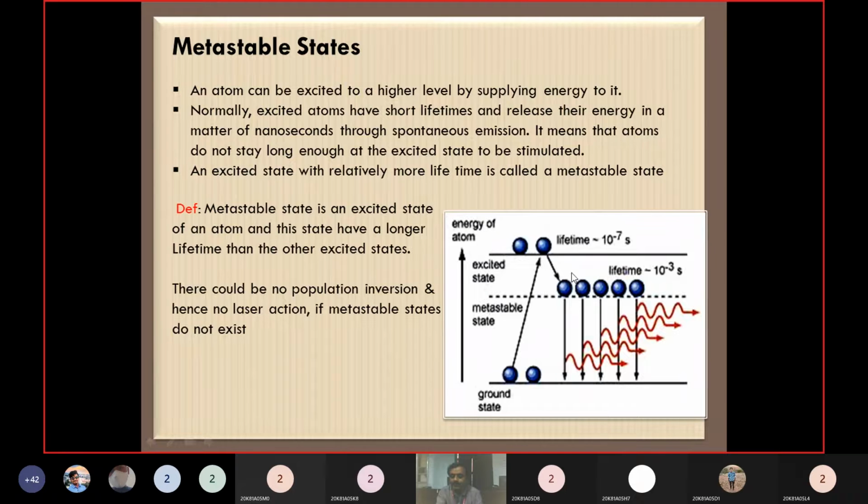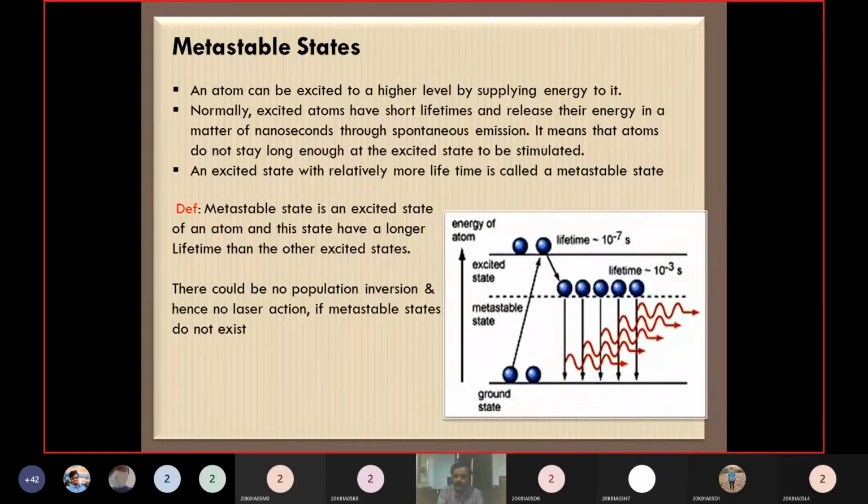That means this lifetime is greater than this lifetime. So that's why this state we will call a metastable state. Understood? The lifetime of the state is greater than the remaining excited states.